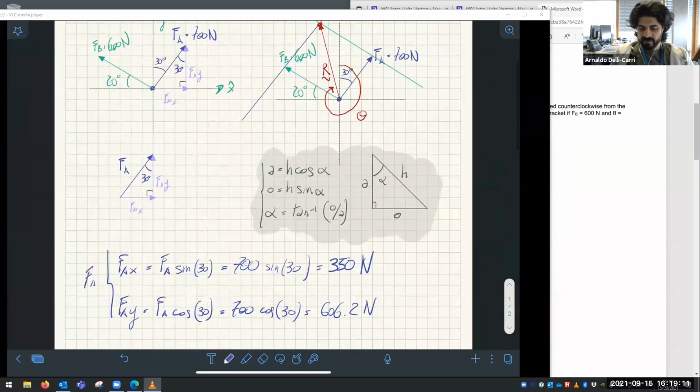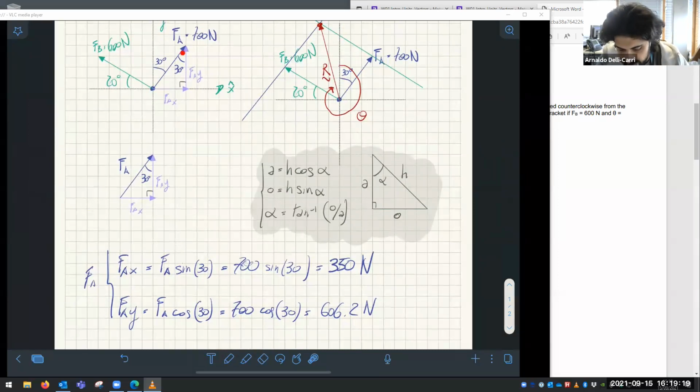Okay, so we've done this. So we have split this into X and Y. Now we need to split this into X and Y. Of course, this one was pulling upward and rightward. So the horizontal component was rightward and the vertical component was upward. Whereas this one is pulling upward and leftward.